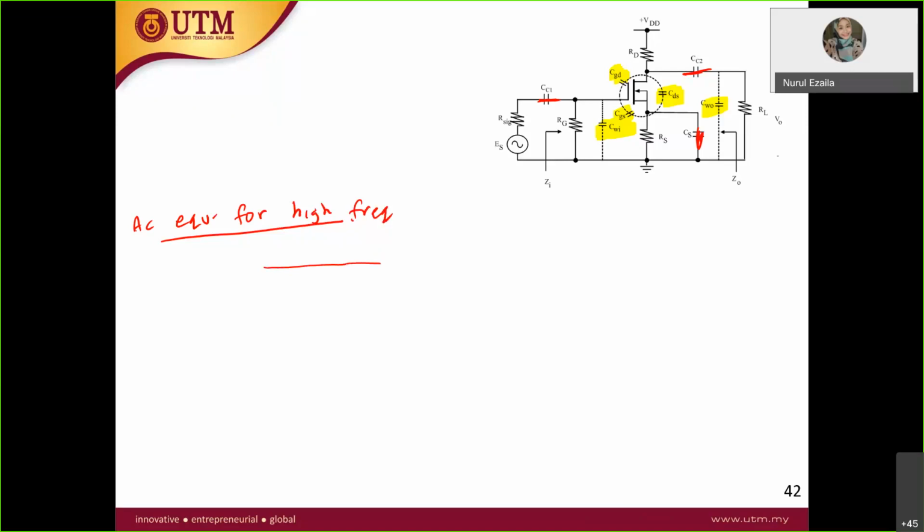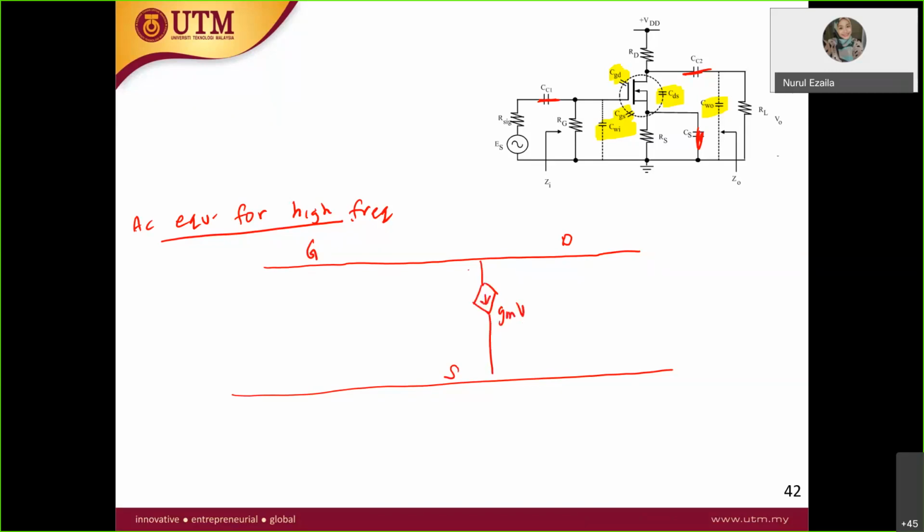Input is gate, output is drain, and your bottom one is source. So you have over here your current source GM VGS.